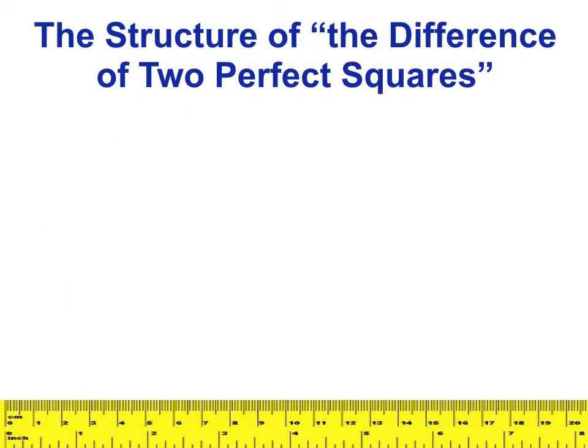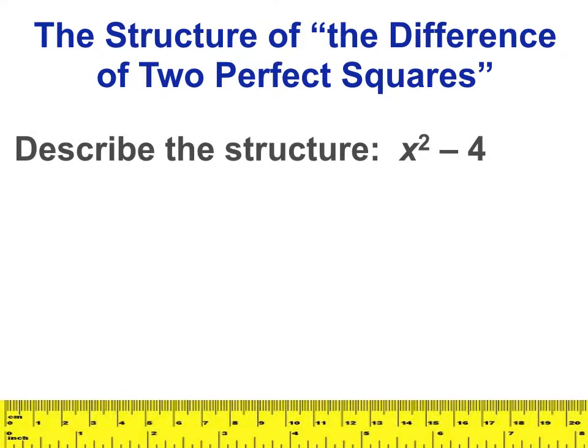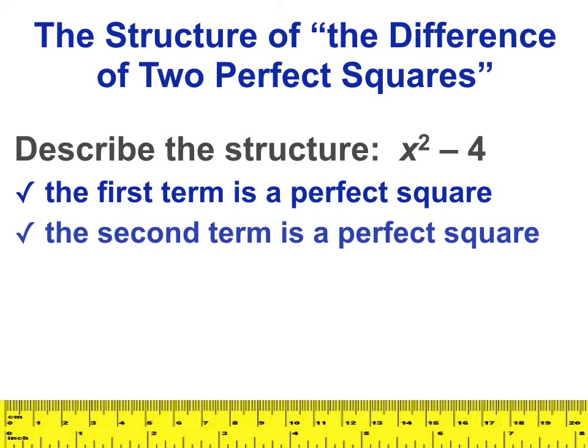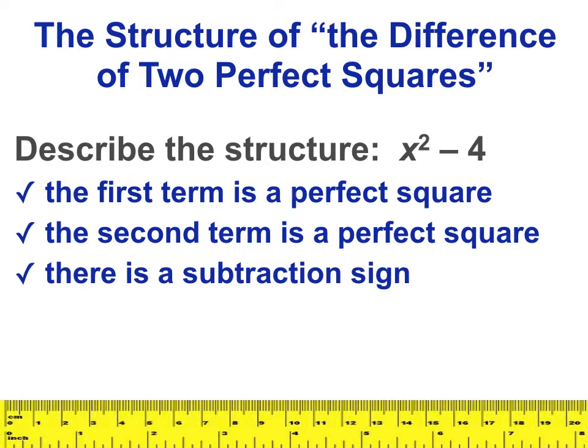Now let's go on to another type of special product called the difference of two perfect squares. X squared minus 4 classifies as the difference of two perfect squares because the first term and the second term are both perfect squares, and there is a subtraction sign between them.